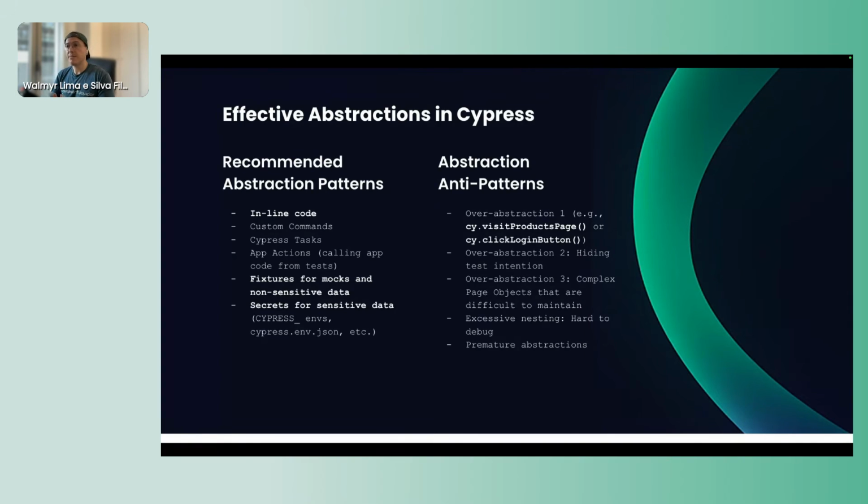For sensitive data, like secrets, you can use Cypress_ plus the name of your environment variable on your continuous integration environment. Locally, you can use a cypress.env.json file, which is going to be listed in your .gitignore file, so you don't run the risk of tracking sensitive data.